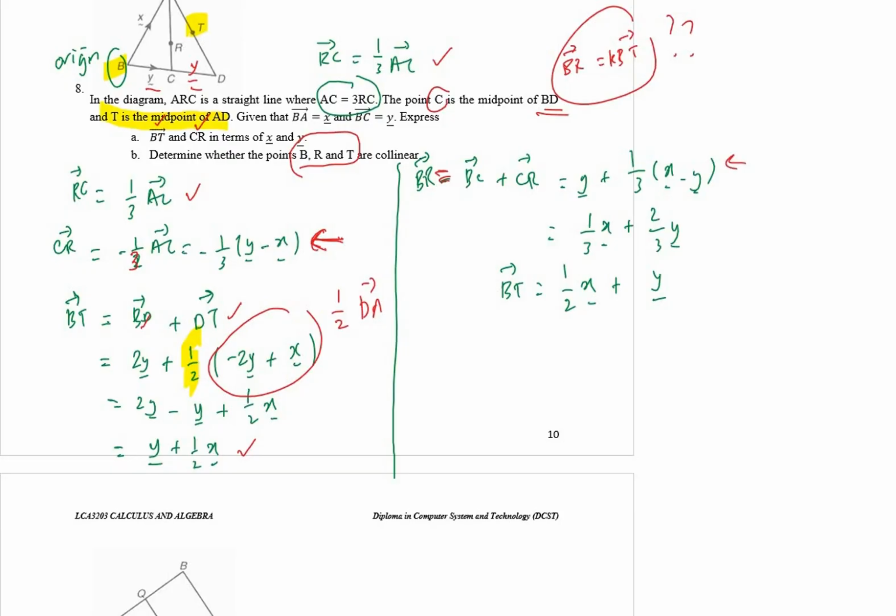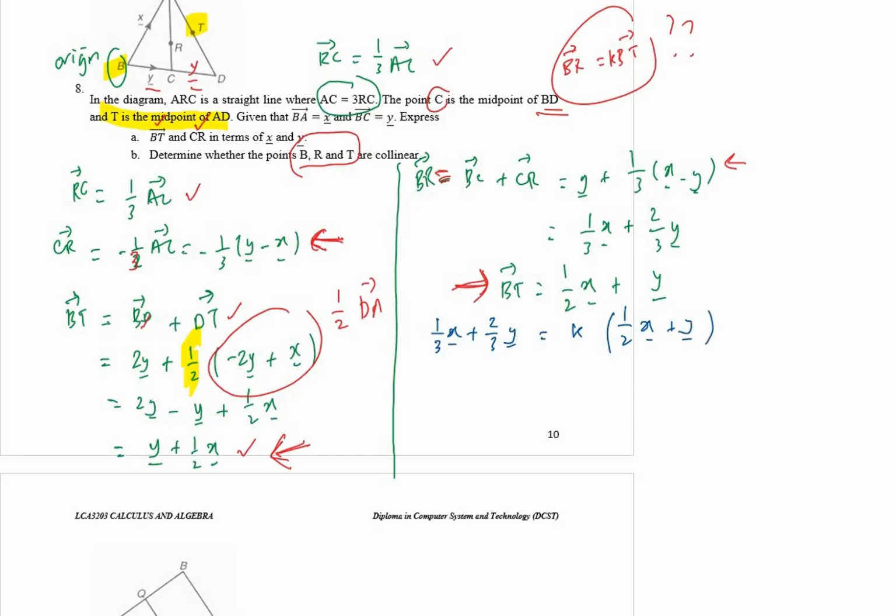So you put it inside here and simplify, you get BR is 1 over 3 x plus 2 over 3 y. BT earlier you have already found, right? This is your BT, which is half x plus y. So now you need to ask yourself, can I put BR in terms of k BT? BR, 1 over 3 x plus 2 over 3 y, equals k times half x plus y.